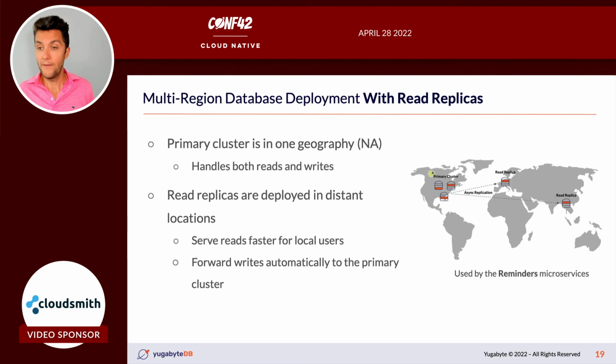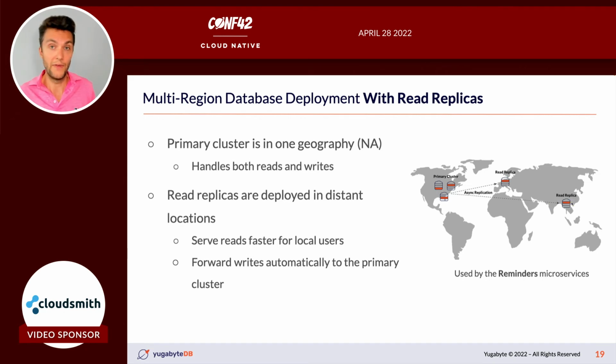But whenever you read any data from these local read replicas, such as in Europe and Asia, the data will be retrieved extremely fast using the local data. And this data will be asynchronously replicated from the primary cluster to the read replicas.